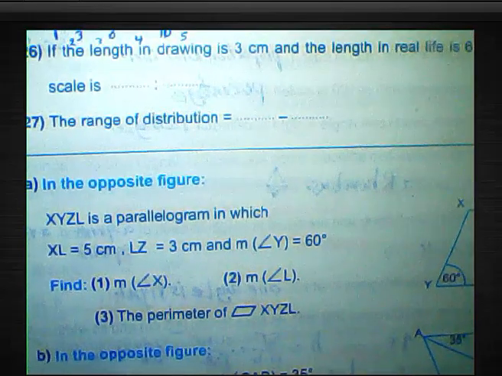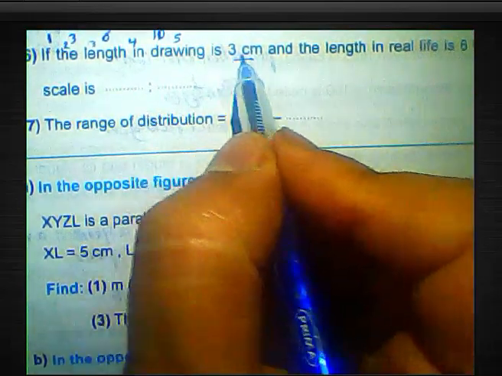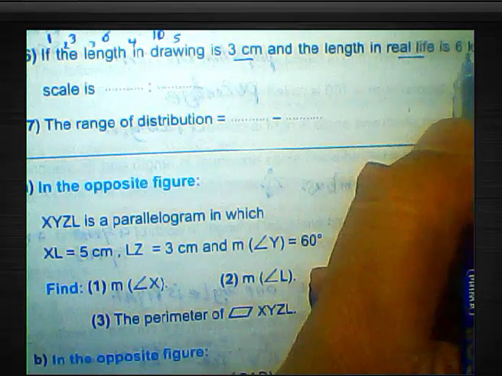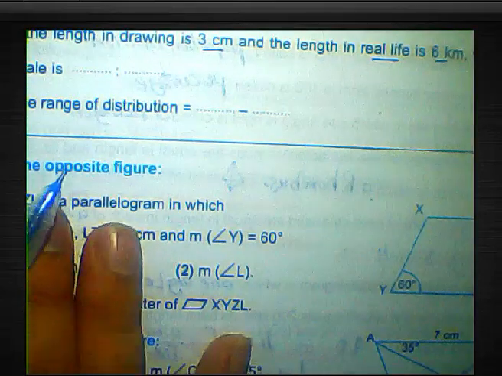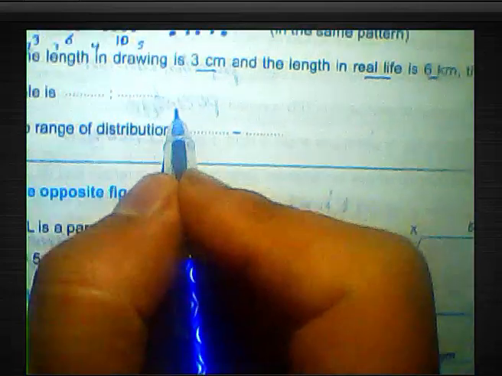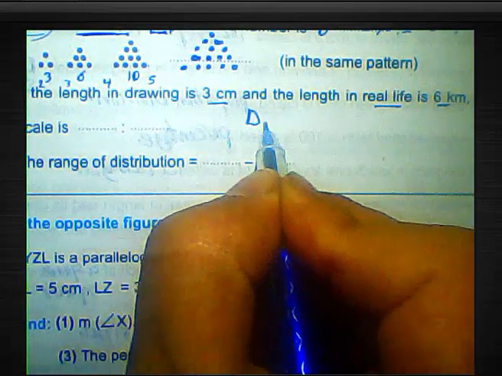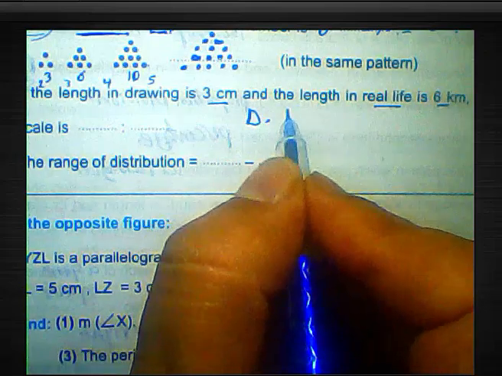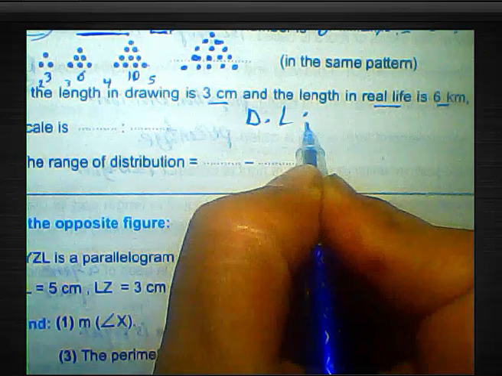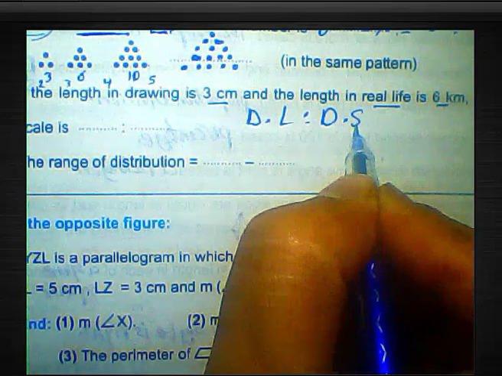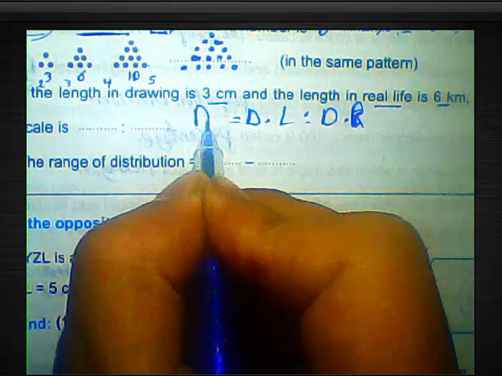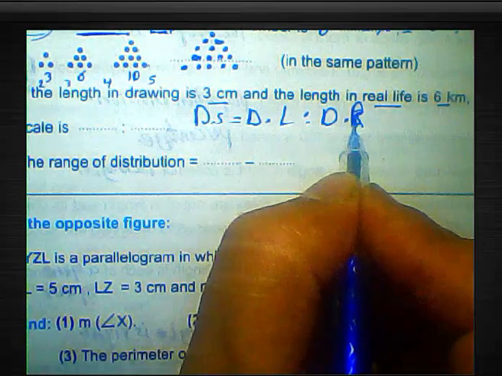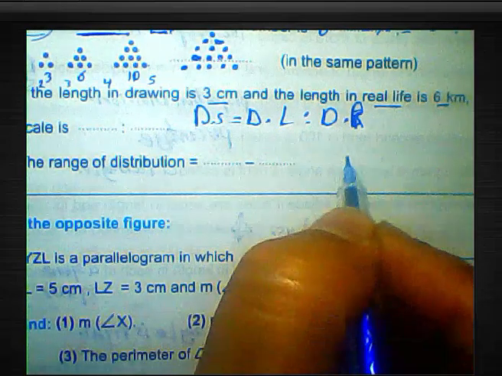Question 26. If the length of drawing is 3 centimeter and length in real life equals 6 kilometer, then the drawing scale is equal to what? We can find drawing scale equals drawing length to real length.